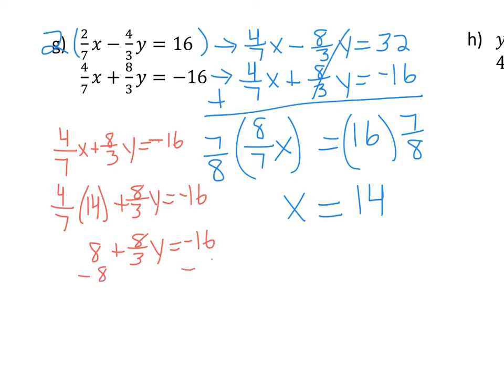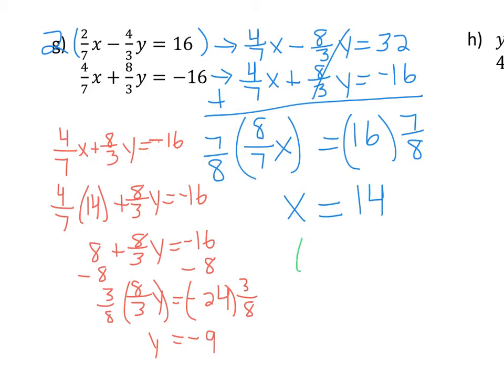Subtract 8. We get 8/3 y equals -24. Multiply by the reciprocal, which is 3/8. Y equals -9. Leaving our solution as 14, -9, and I chose to use elimination.